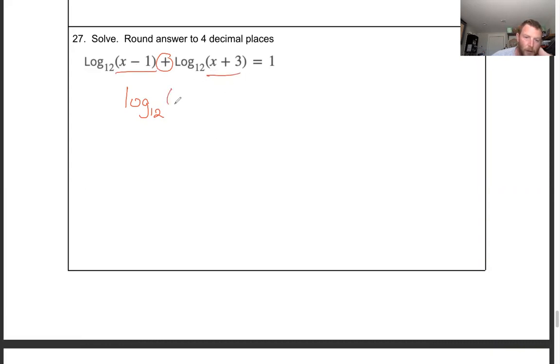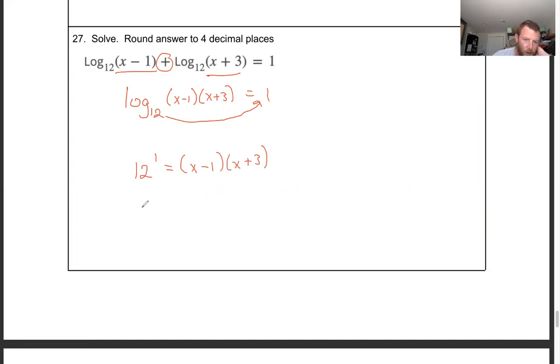Well, we're going to multiply. So that'd be x minus 1 times x plus 3, equal to 1. So that's how we condense it. Now, let's go ahead and rewrite it. What is the base? The base is 12. So 12 to this power is equal to x minus 1 times x plus 3.